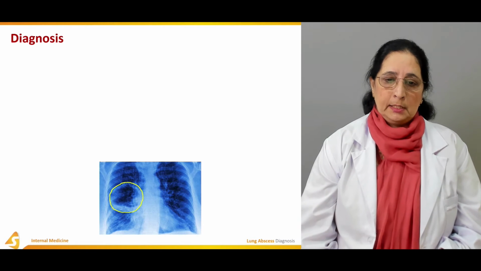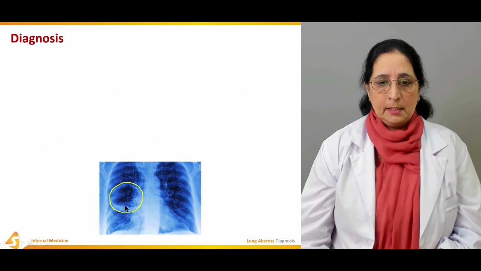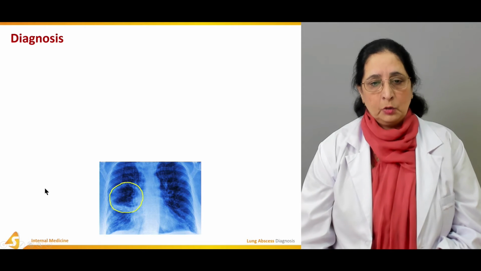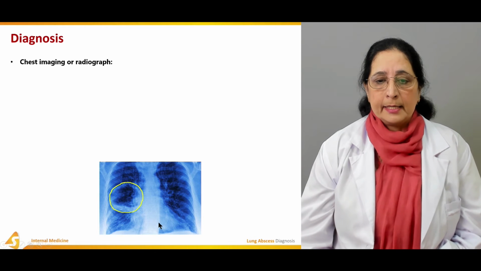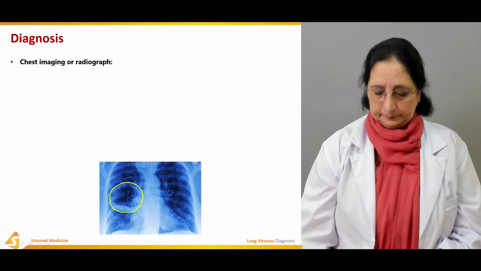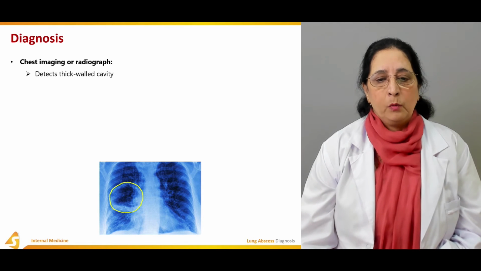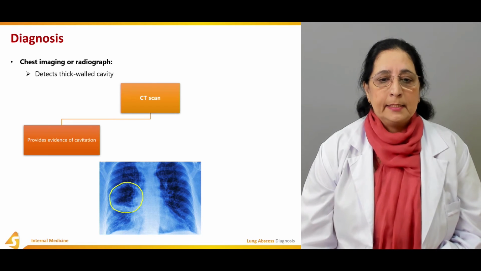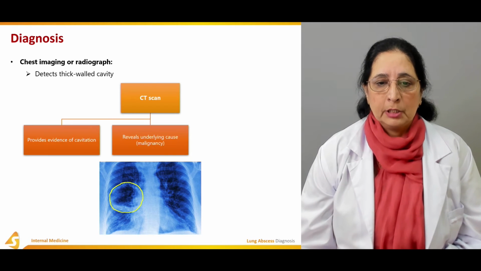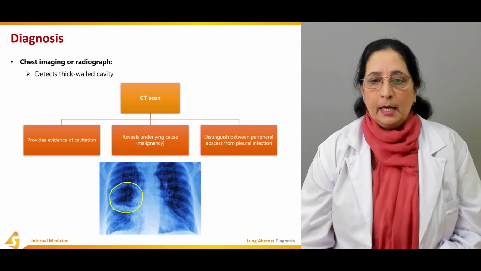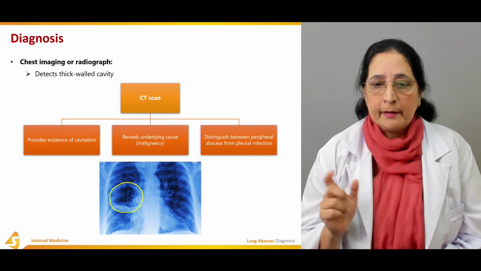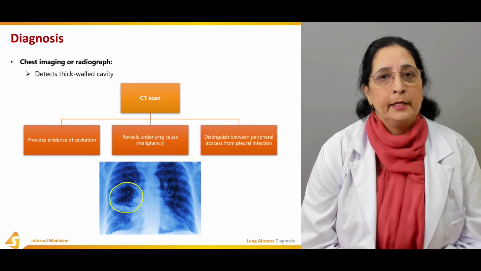Next, the diagnosis. Here in this diagram, you can see the abscess with the level. So the diagnosis: chest imaging or radiograph. That's the chest radiograph. It detects a thick-walled cavity. The CT scan provides evidence of cavitation, reveals underlying cause like malignancy, and distinguishes between peripheral abscess and pleural infection.